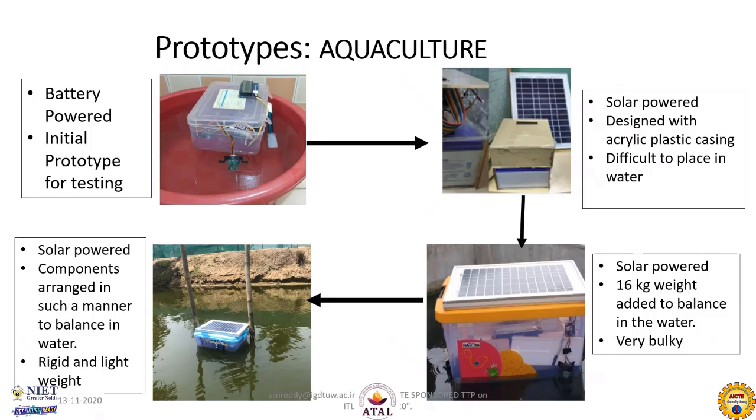The second one, as I mentioned in our earlier case, is aquaculture. If you visit Bhimavaram, in coastal Andhra Pradesh, it is known as India's aquaculture zone.